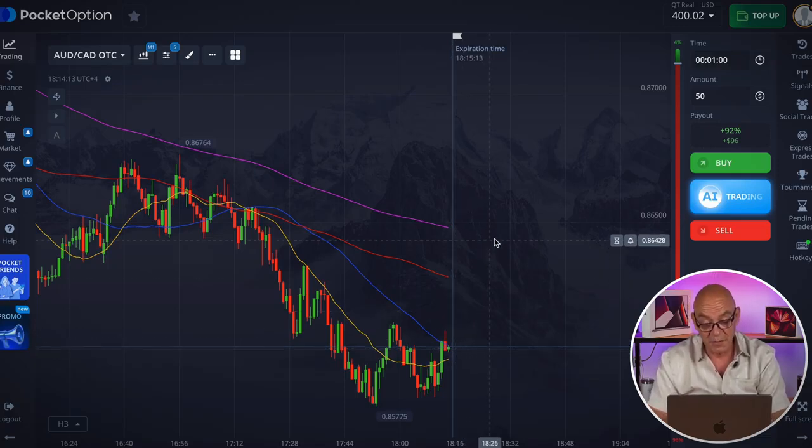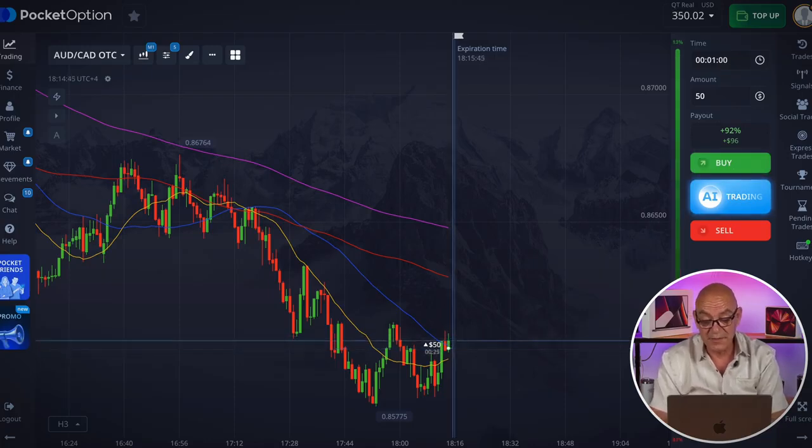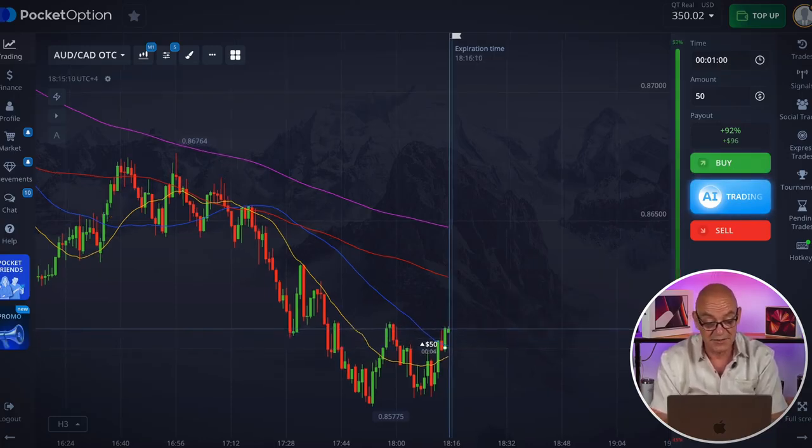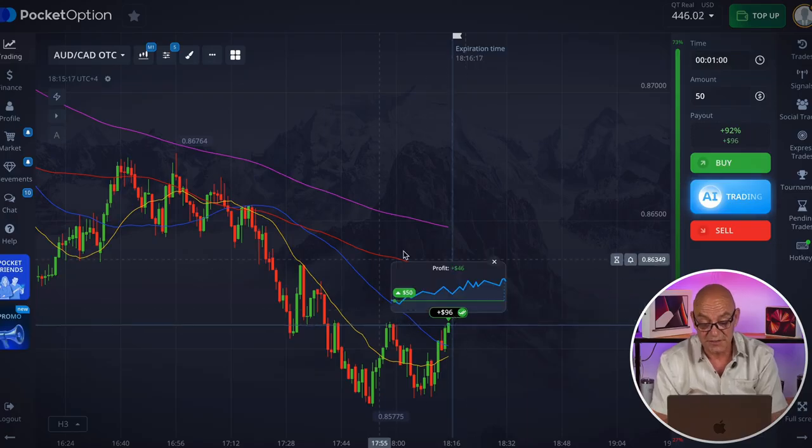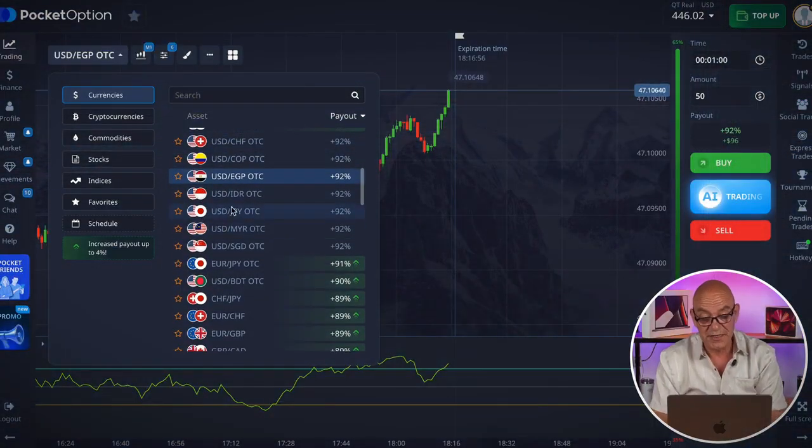When the faster line, 20 EMA, crosses the slower one, which is the 50 EMA, from below upwards, it's often interpreted as a signal of possible growth. In the end, the price movement indeed justifies the expectations. The position closed positively.